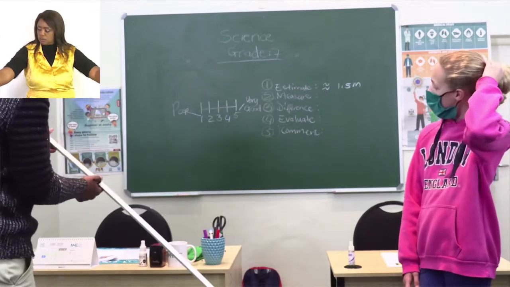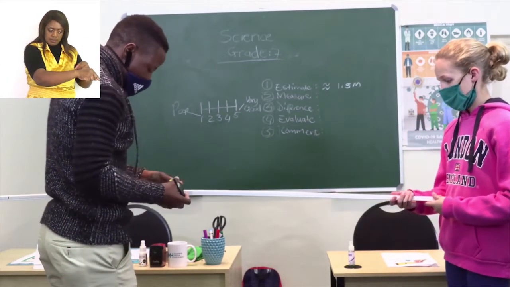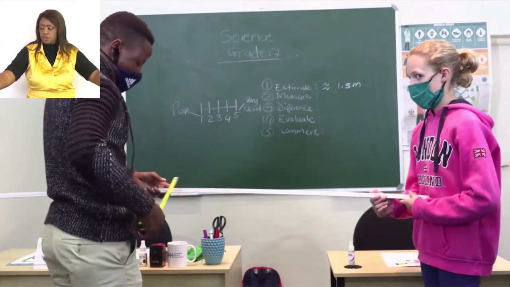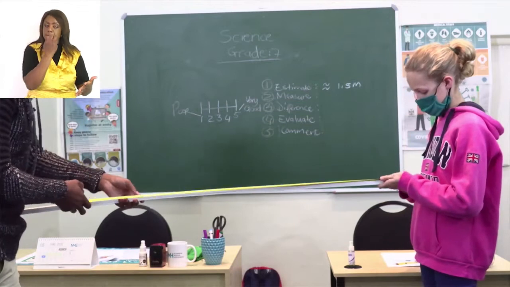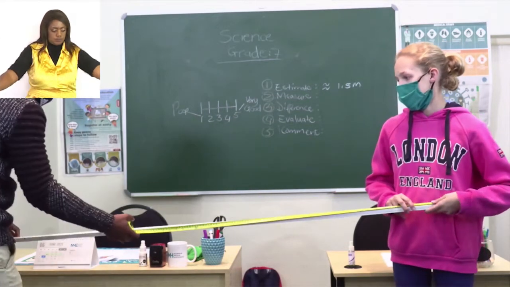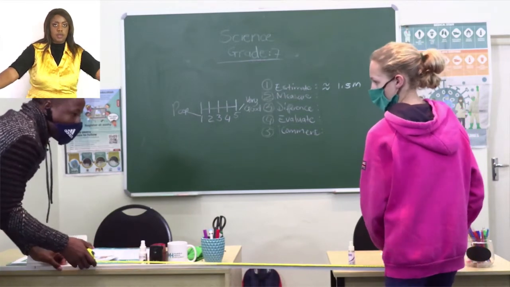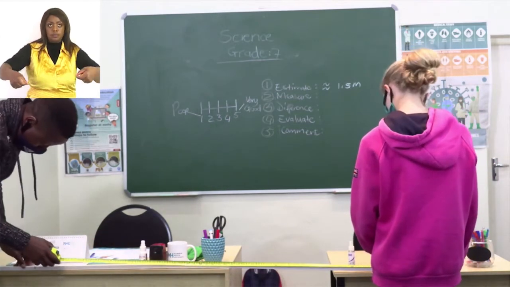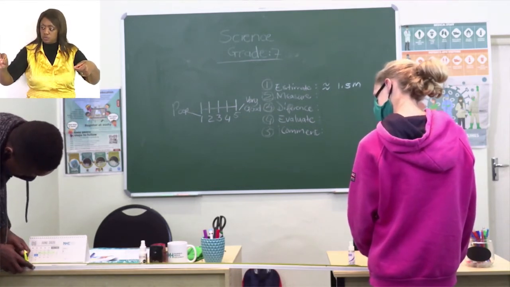So what we have to do is, can you hold for me there? Thank you. I have to give you the starting point of this measuring tape. You can just put it on the table so that it can be straight. Make sure it's straight there. Then I take my reading, and this is my marking.